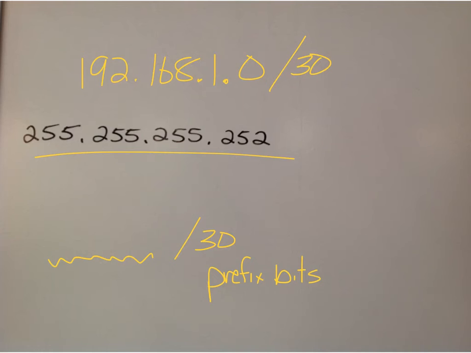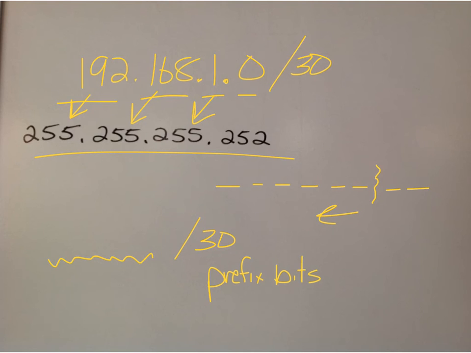My mask, then, means 30 bits. So there's 8, 8 more is 16, 8 more is 24, and then 6 more. So if we look at that in terms of getting the mask, 255.255.255, and then here there's 6 bits: 1, 2, 3, 4, 5, 6. So this gives us our /30.